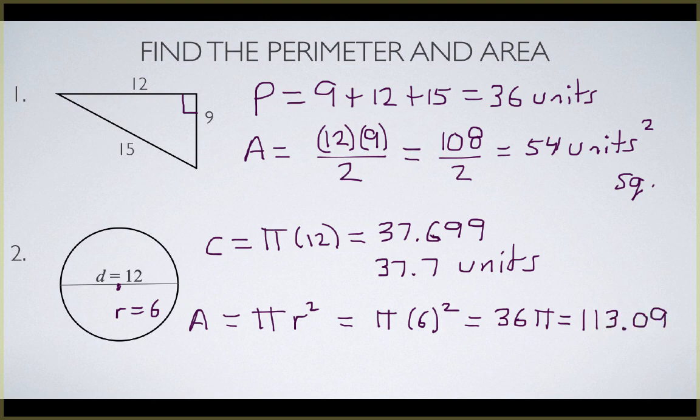We're going to round to the nearest tenth, so we have 113.1 units squared. So that is perimeter and area of simple figures.